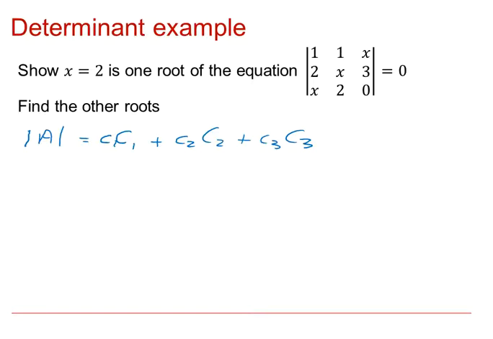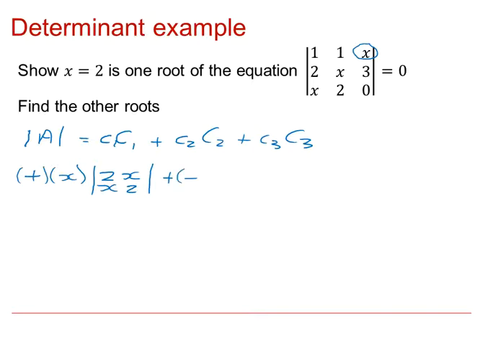I probably will remember my matrix of signs, but starting then with this element here, C1, I'm going to have a positive x, and then I'm going to have the remaining 2 by 2 matrix, 2, x, x, 2, to work out the determinant of.